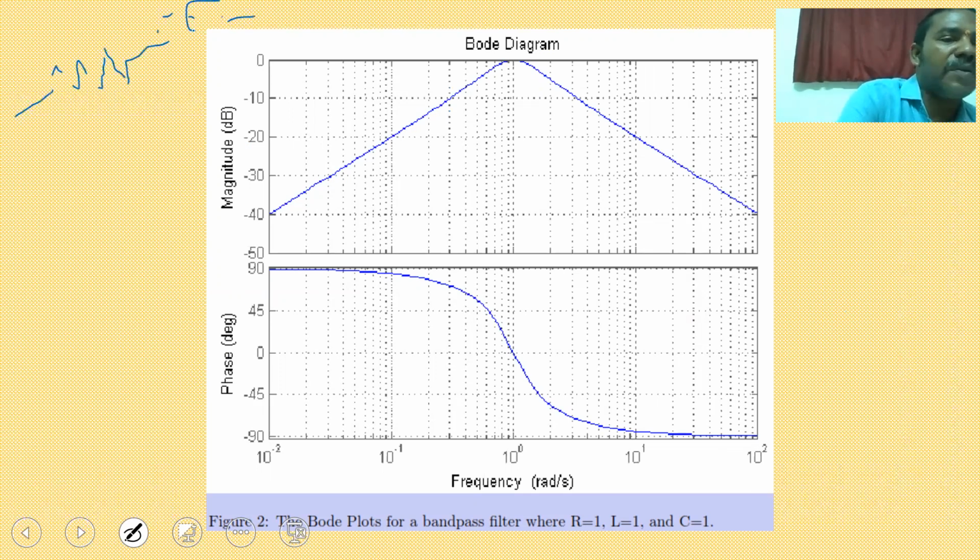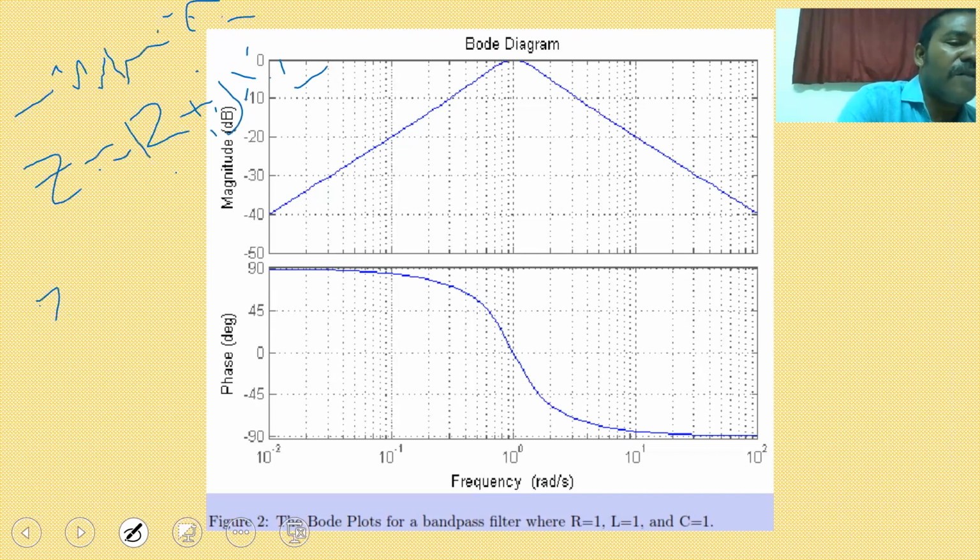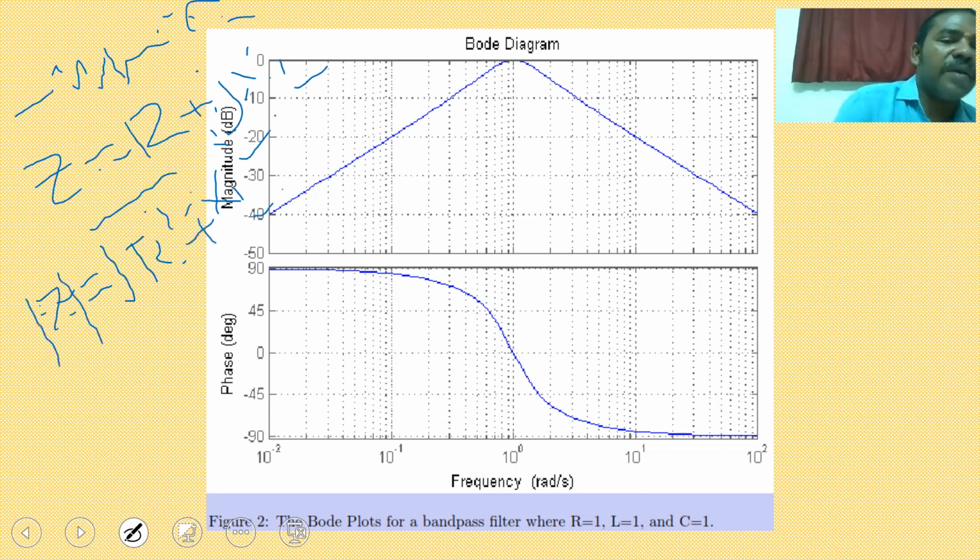The impedance can be represented as R plus jXL. So what is the magnitude? The magnitude is equal to the root of R square plus XL square. XL is L omega.